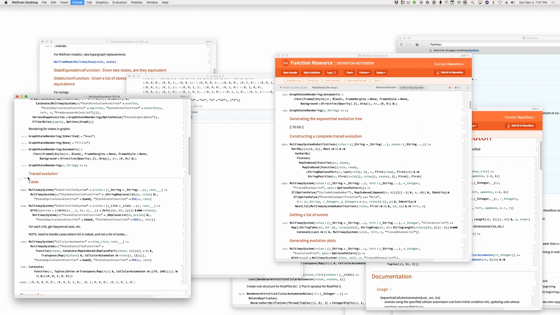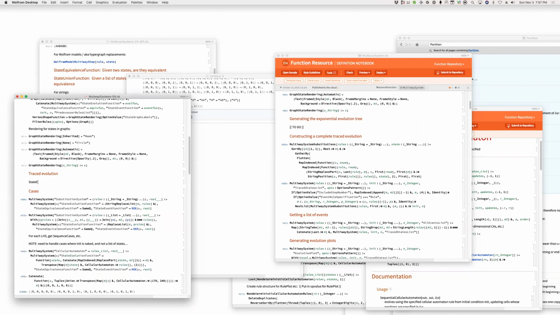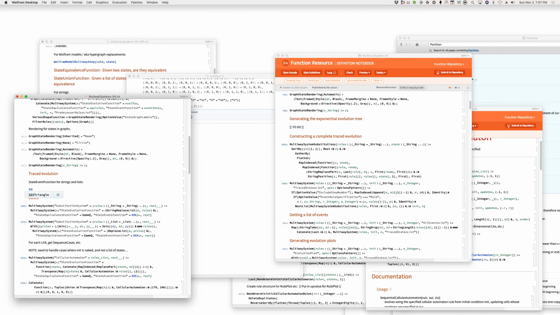Okay, so the first case here is the state event function for strings. For strings and lists. Okay, so this is SS state event function for a substitution system. Well, basically for substitution systems.